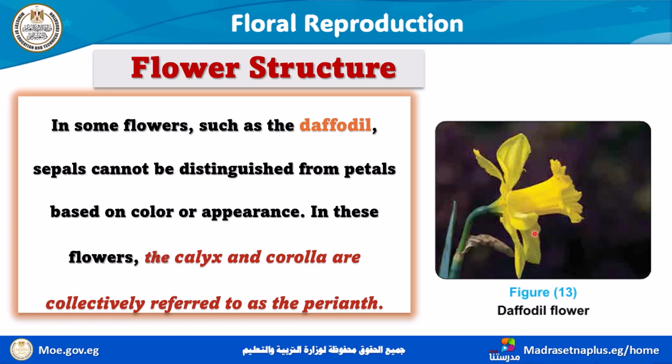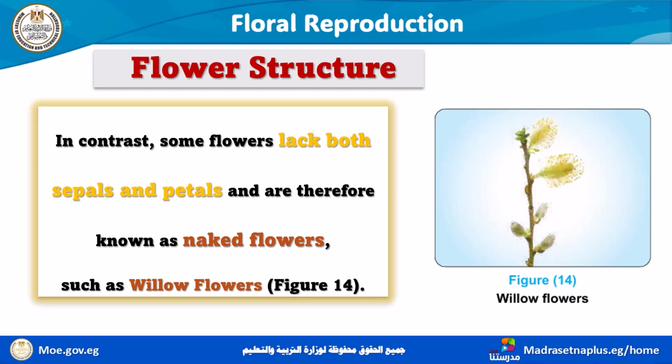So in this type of flower, calyx and corolla are collectively called perianth. In contrast, some flowers lack both sepals and petals and are therefore known as naked flowers. So, naked flower, example as willow flowers, like here in figure 14.